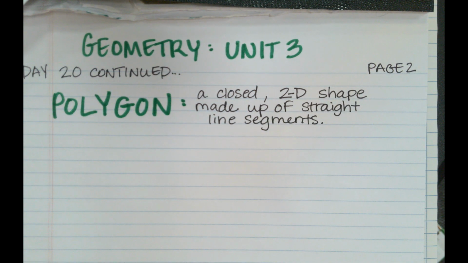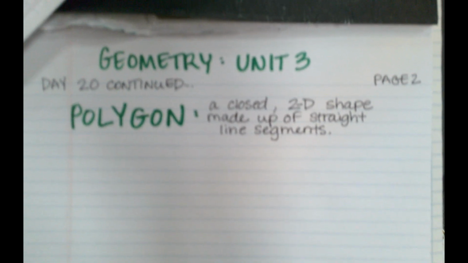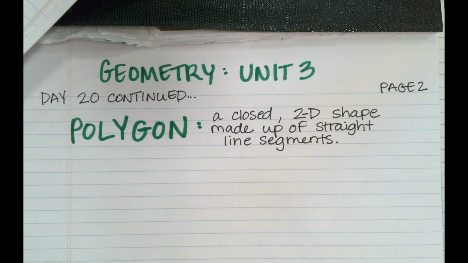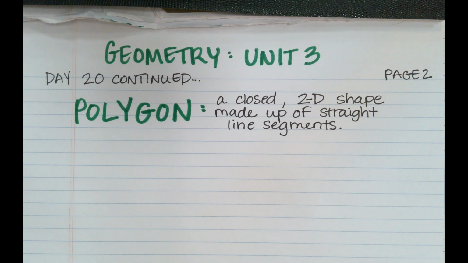And whenever we are looking at polygons, first of all, we just had a whole unit on triangles. Now we're looking at quadrilaterals. We've been looking at a lot of angles. We've been looking at some side lengths. Now we're going to talk about two key ideas here.